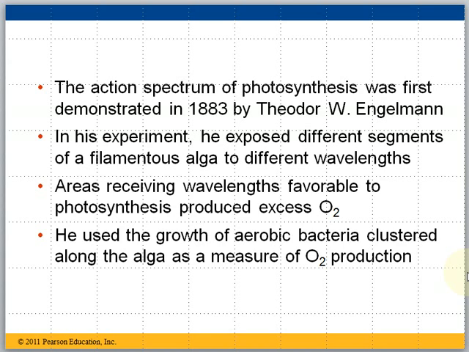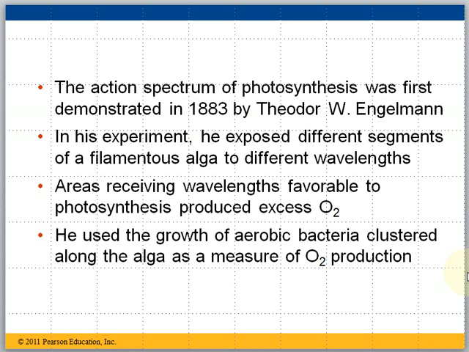So the way that he did this was using a type of algae. And he had these long strands of algae, and he would expose different parts of the strands of algae to different wavelengths or colors of light. And he also had mixed in with the algae samples some bacteria. And so his thinking was where the plant used the wavelength the most and did photosynthesis the most, it was already known that photosynthesis released oxygen.